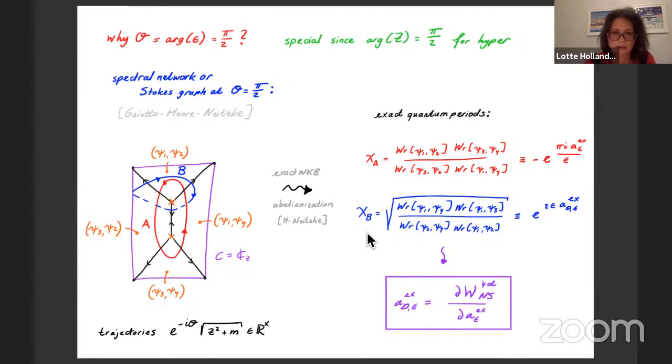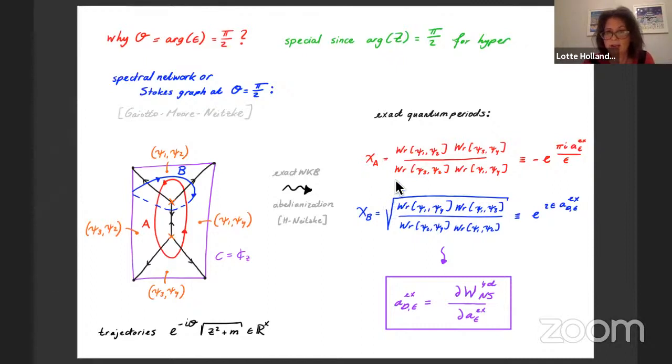There is one subtlety here, which is that because this is a critical network, exact WKB or abelianization is not defined exactly at this phase. So what we do here is we take an average, and that's why we find the square root in the definition of the B period.